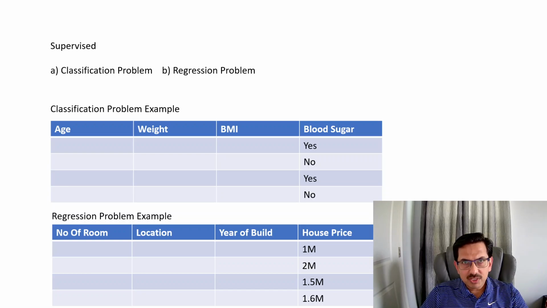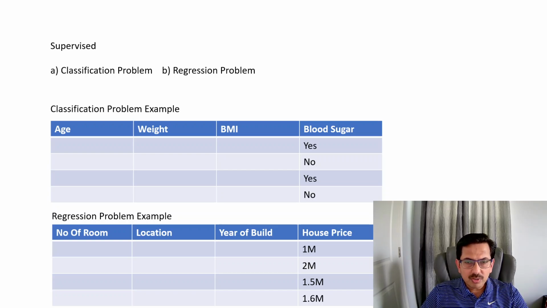So for classification, it's more like yes, no, or true, false, or for multiple classification problems, we'll discuss that later. But in general, you're classifying that particular record into yes, no, or some other category.